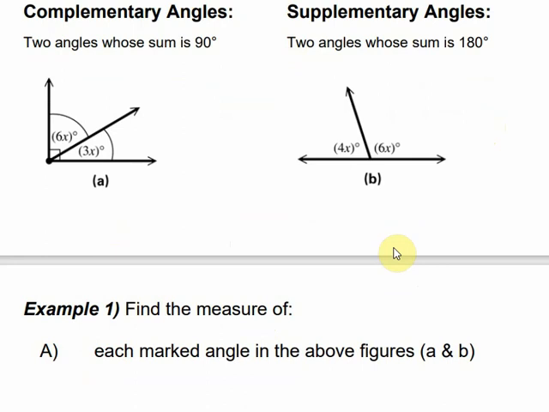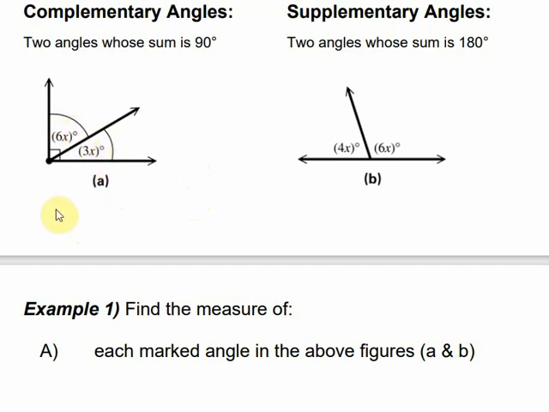All right, so in example 1, it says to find the measure of each marked angle in the above figures A and B. Okay, so in A, if we wanted to find the measure of the two angles, we can set up an equation because we know that since they're complementary, they add up to be 90 degrees.